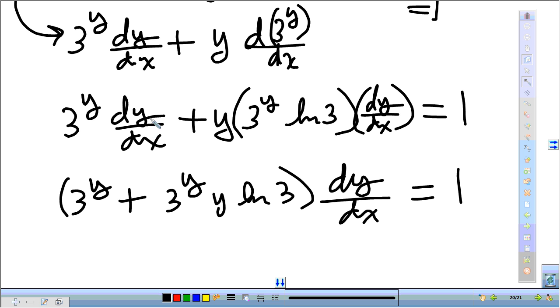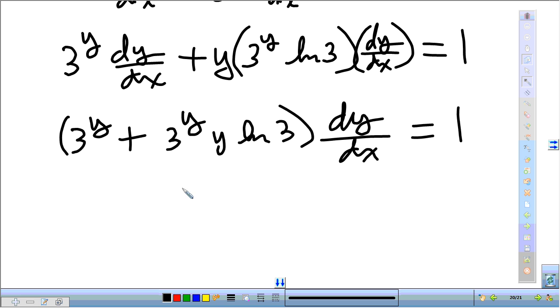This is usually not too hard because it's always dy dx to the first power. So we either have terms with a dy dx factor or things without them. So we separate the two and then divide.